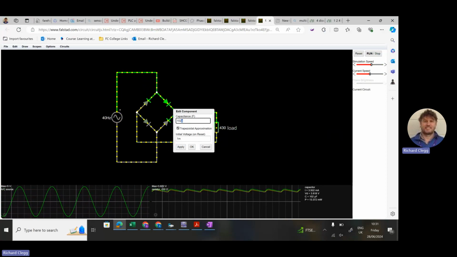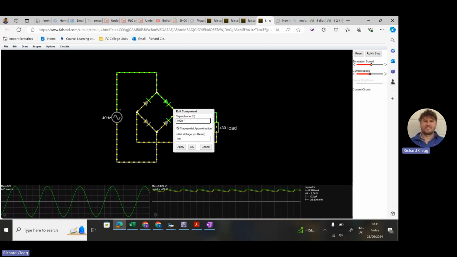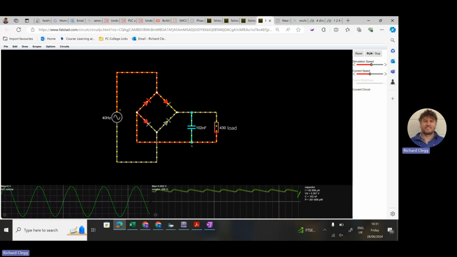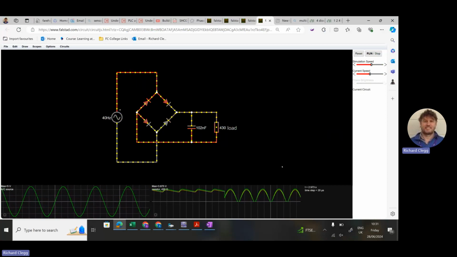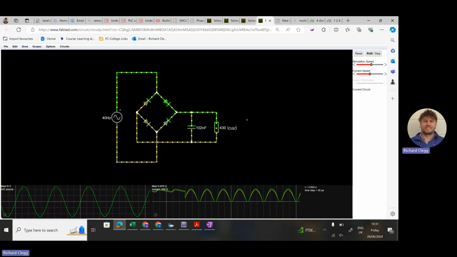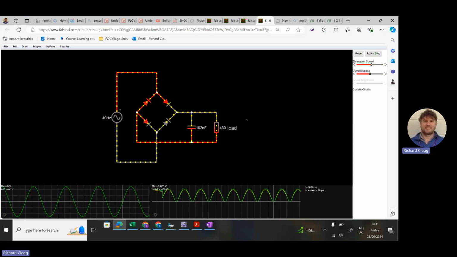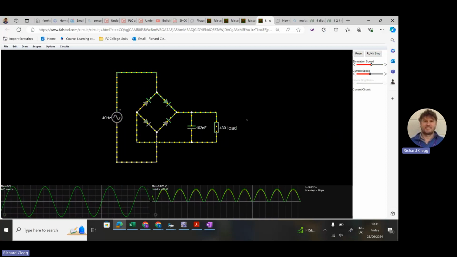So if we go back from micro to nanofarad, a small capacitor, let's see the effect on the waveform. So you can see it's much bumpier. The charging and discharging is happening at a faster rate, because capacitors deal with the changing voltage over time.